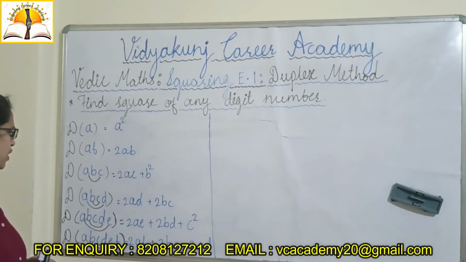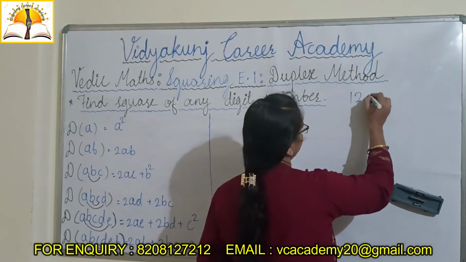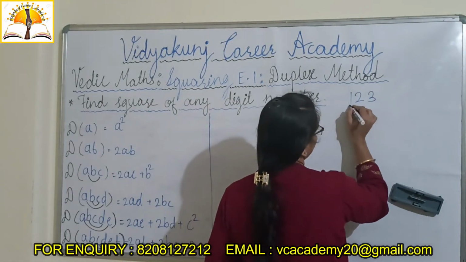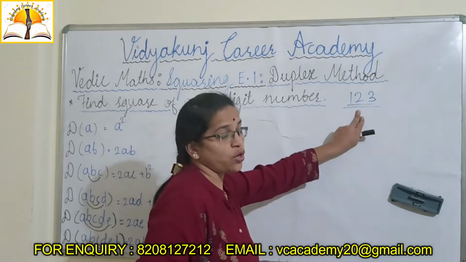Yes or no? See here, I will take a 3 digit number and show how to do its square. I will take 123. This is a 3 digit number. Now we are making the square of this number.